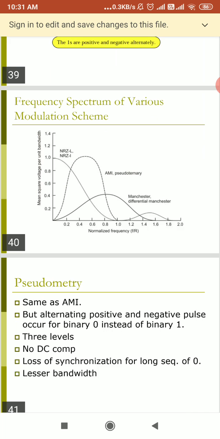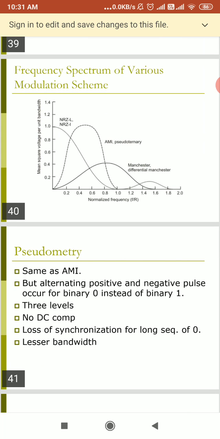So bipolar encoding, or bipolar signaling, is nothing but alternate mark inversion. That will be the same, but here alternating positive and negative pulses occur for binary 0 instead of binary 1.